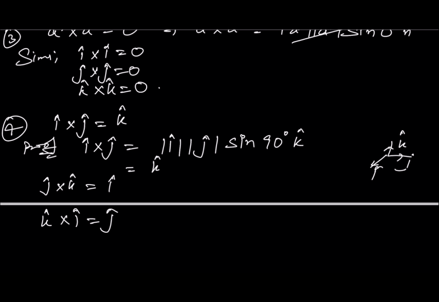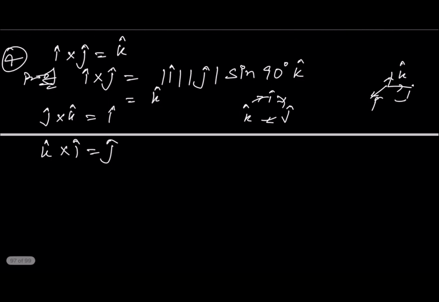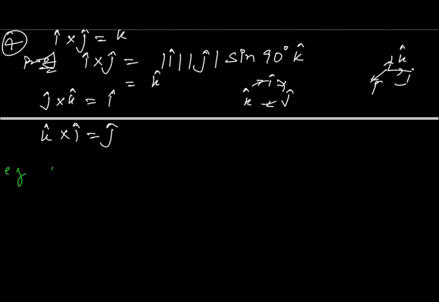Okay, so this thing will help you to remember this cycle I, J and K. Okay, now for example, A cross I. A cross I means A is A1 I cap plus A2 J cap plus A3 K cap, cross I. I cross I is 0.